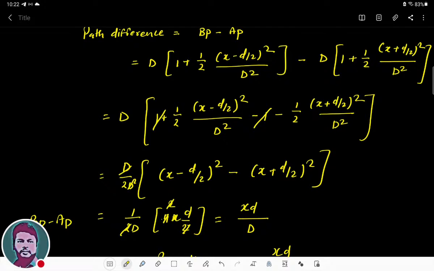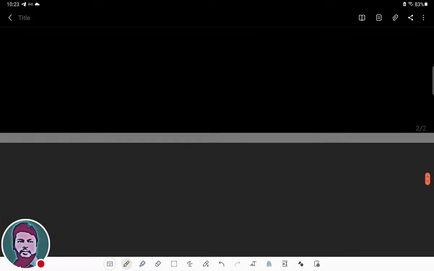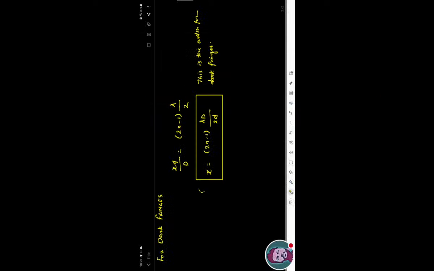So this is the derivation for the fringe width. All right, now we have to calculate the fringe shift. And what is the phenomenon of fringe shift? If we put a glass slab in the path of the light wave, then the place where we get the dark and the bright fringe is shifted from its place. This is known as fringe shift.